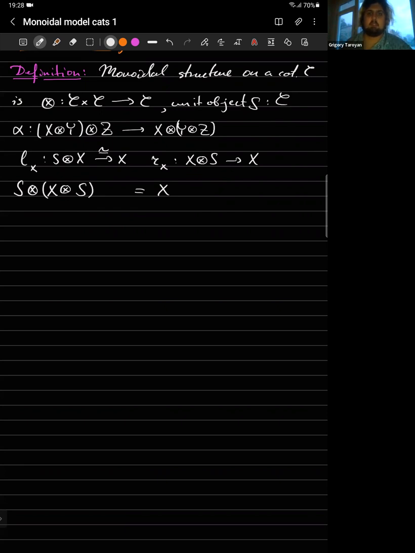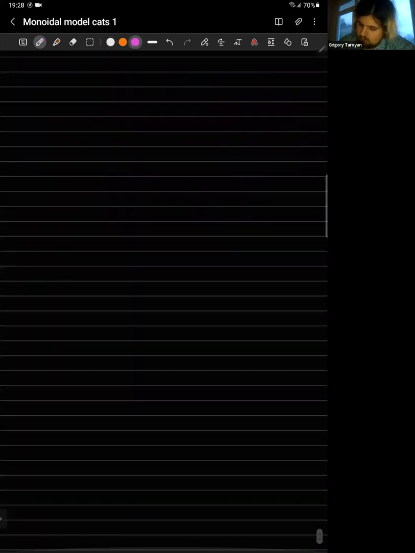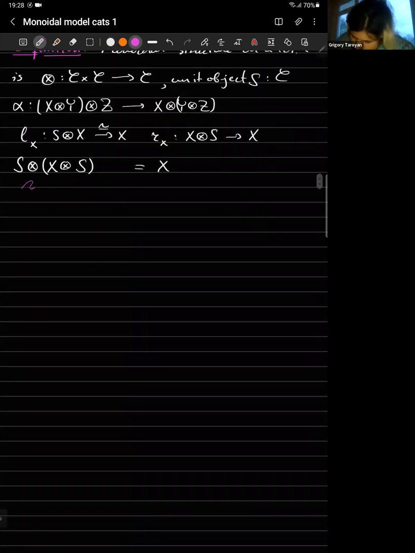And so let me give an example of a monoidal category. The most basic example is just category of sets together with usual product. This example can be enhanced.